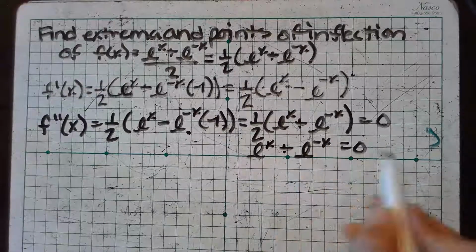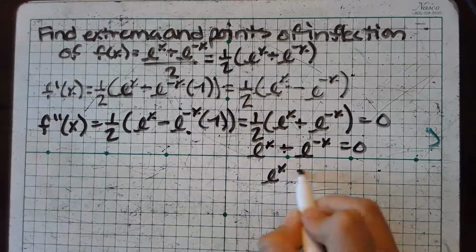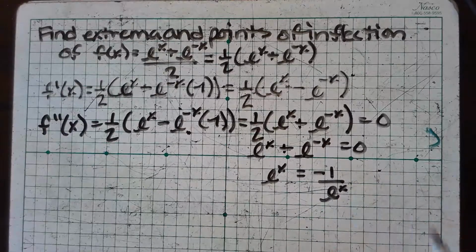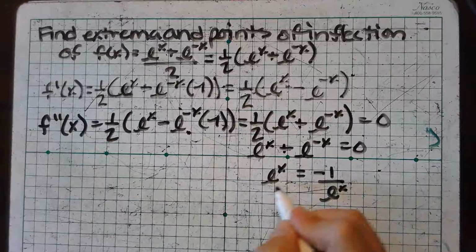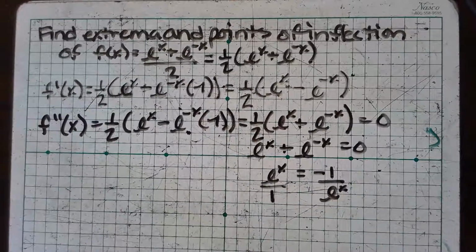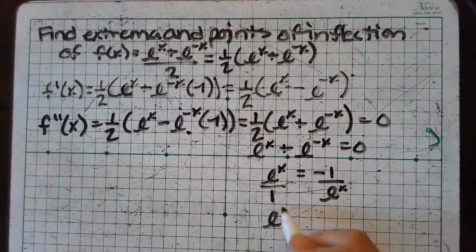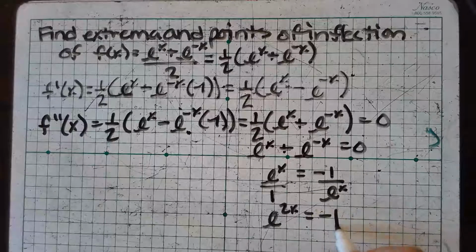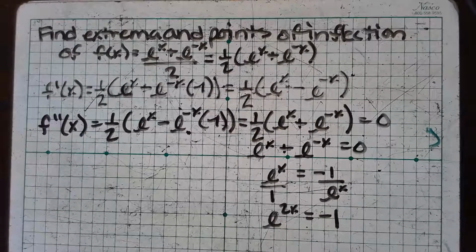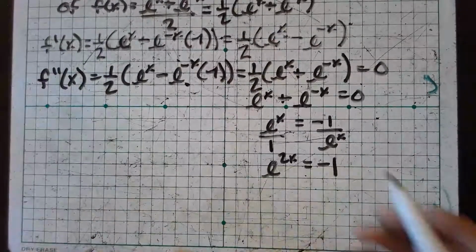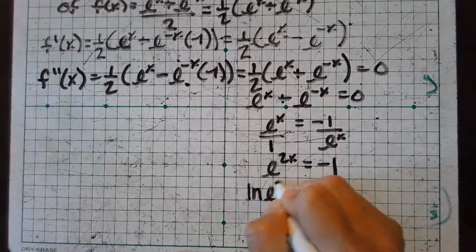When I move this over, I get e to the x equals negative 1 over e to the x. And here's the reason why: I'm going to create this like a proportion, and when I multiply these, remember, add your exponents, so e to the 2x equals -1. How do I get rid of e? Natural log.